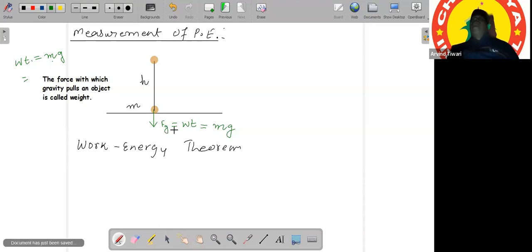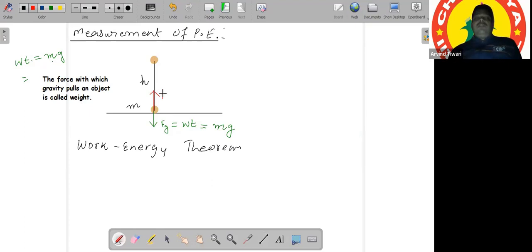To lift the object to a height h, we need to apply a force equal to the weight of the object in the upward direction, so that we can make the object move without any acceleration and it does not experience any net force.